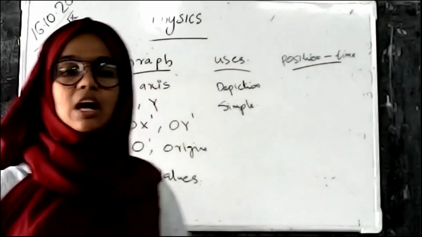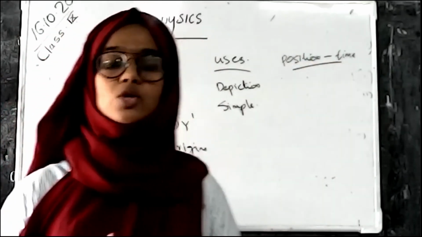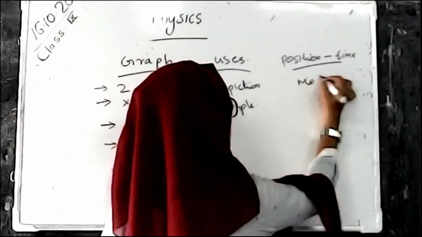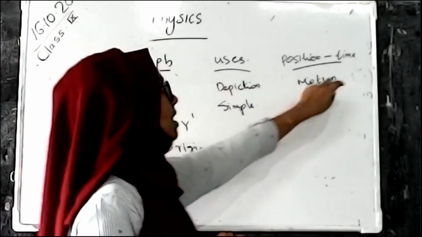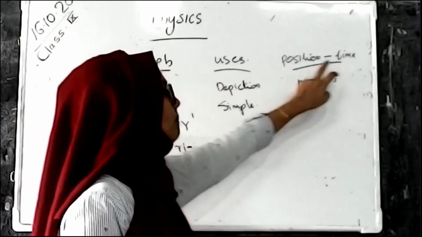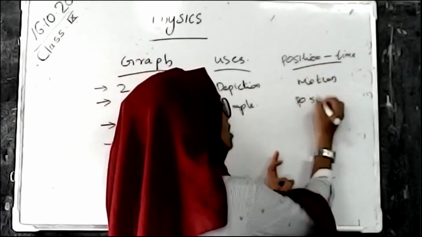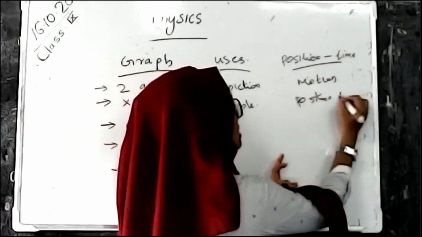The position time graph shows the motion of a body on an x and y axis. The moving body has changing time. Based on changing time, the position is changing. Position is changing when time is changing.